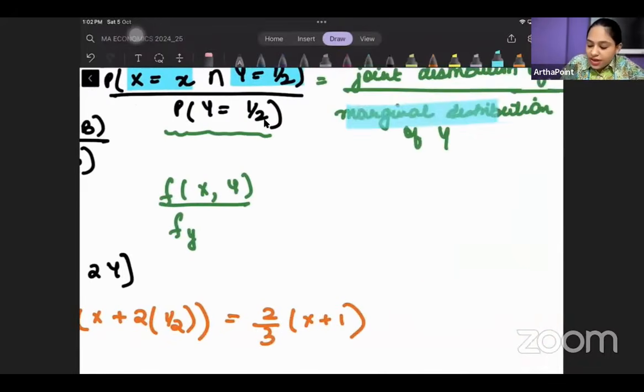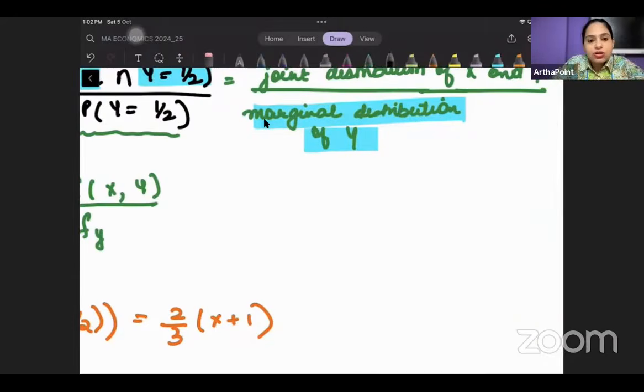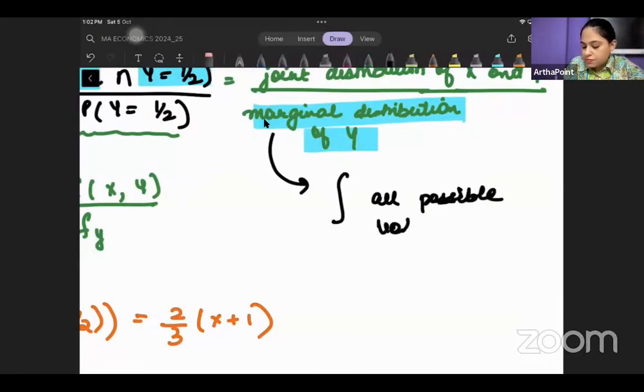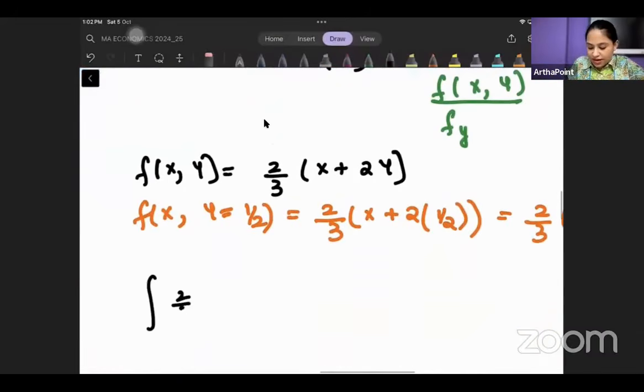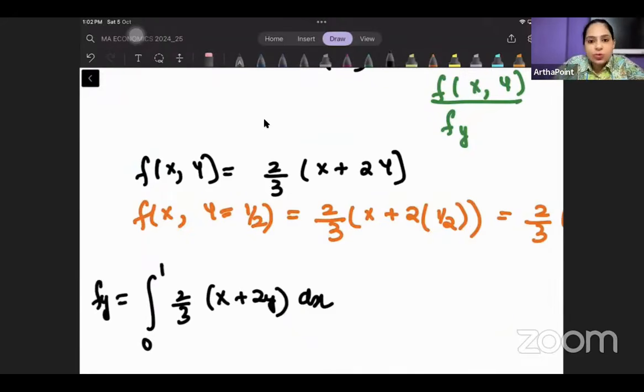For the denominator, I need the marginal distribution of y. We have done this in class: by definition, the marginal distribution of y means integrating for all possible values of x. So we integrate 2/3 x plus 2y for all possible values of x, with x between 0 and 1.